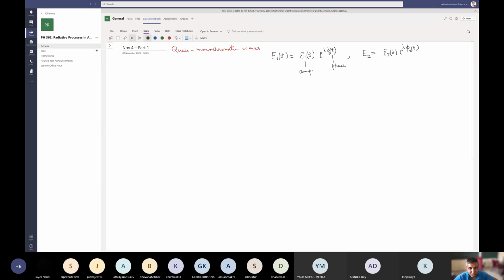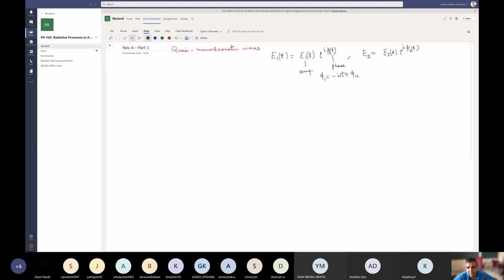Okay, and quasi-monochromatic means that, you recall phi 1 was actually equal to minus omega t plus phi 1 naught, some constant phase. So this is how it varied for perfectly monochromatic waves.